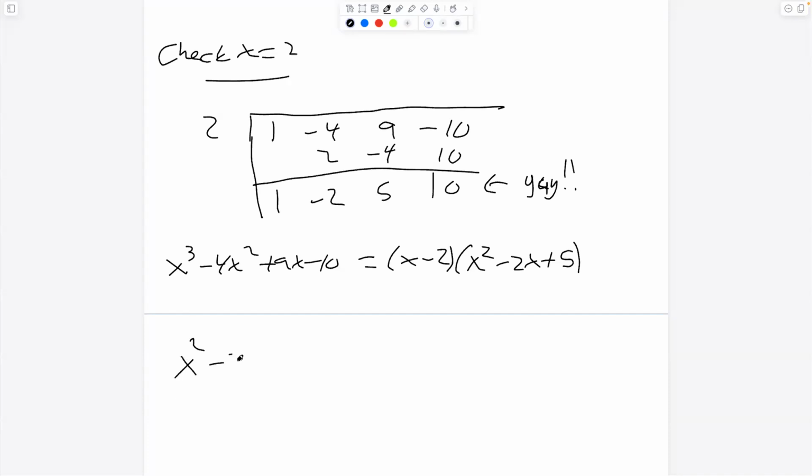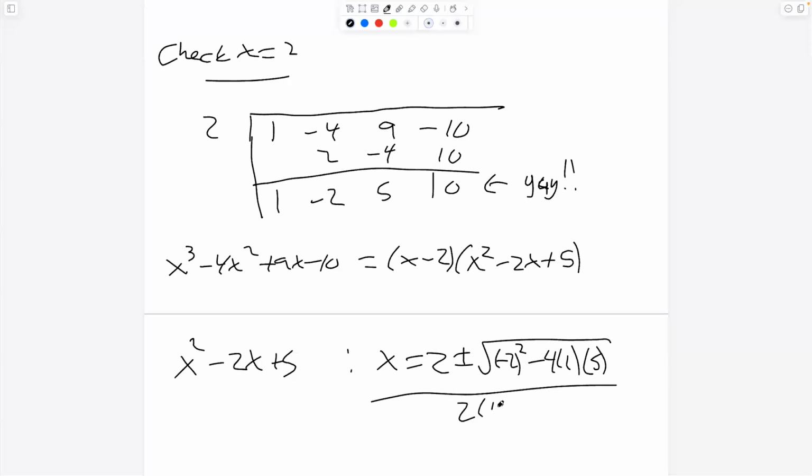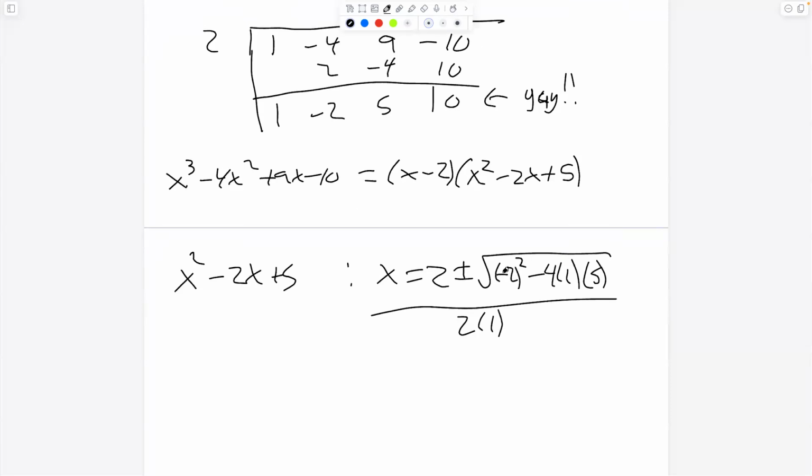So now x squared minus 2x plus 5. We'll get x equals opposite of b plus or minus the square root of b squared, so -2 squared, minus 4 times 1 times c, all over twice a. Remember, when you square a negative, it becomes positive. So when you're typing that in your calculator, you've got to be careful.